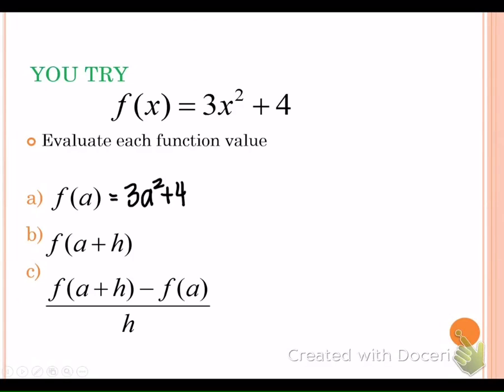Easy enough. The next one that you have to input is very similar to the one we just did. This should have got us 3a squared plus 6ah plus 3h squared plus 4.